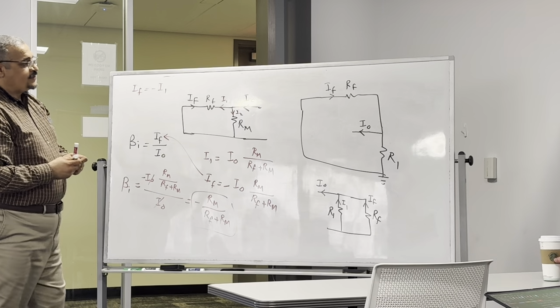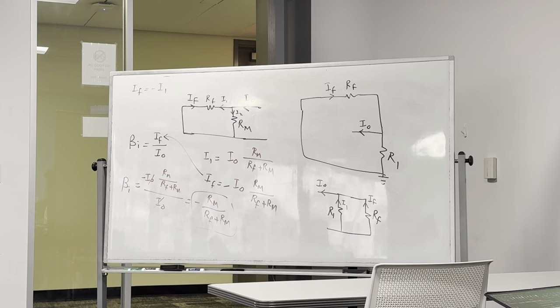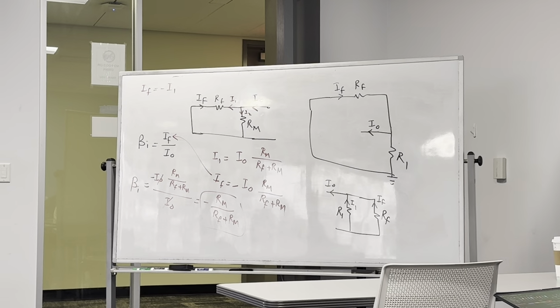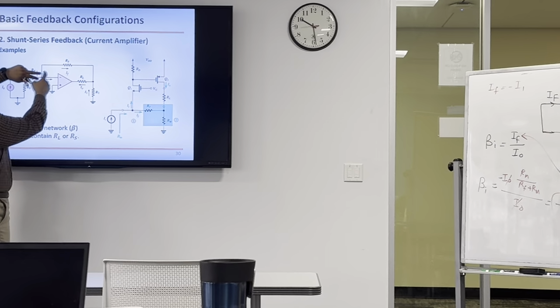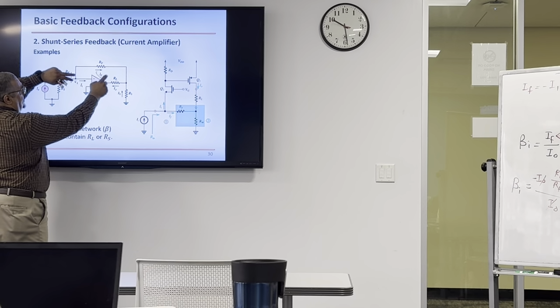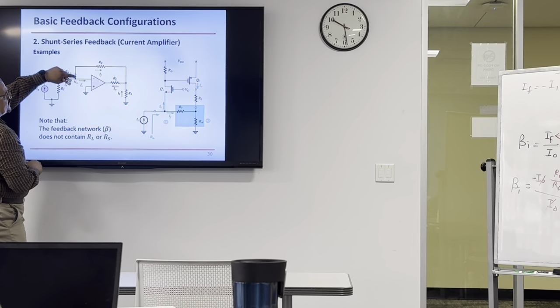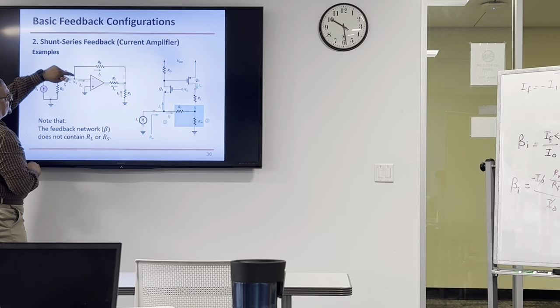Right? You agree? So if you isolate the feedback network, which consists of R1 and RF, you cut here and cut here, and remove it. Now, this has the current IO that comes from the amplifier. And this one has to be shorted for the current IF to flow, since it's connected in shunt.